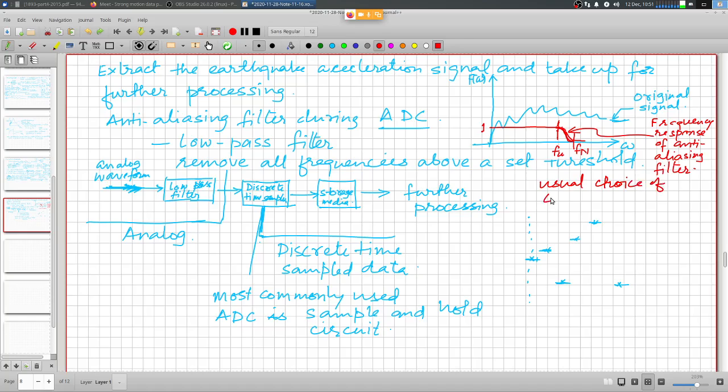The usual choice of a 4-pole Butterworth filter is generally adequate for earthquake accelerographs.